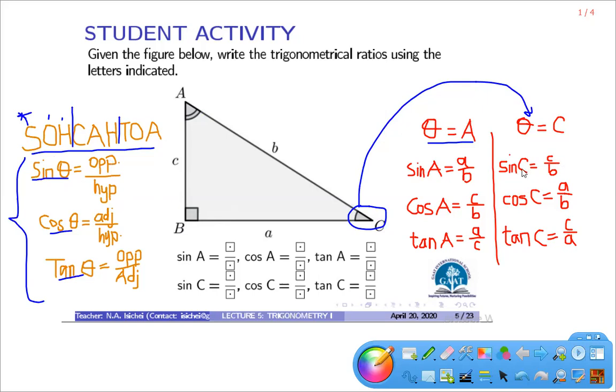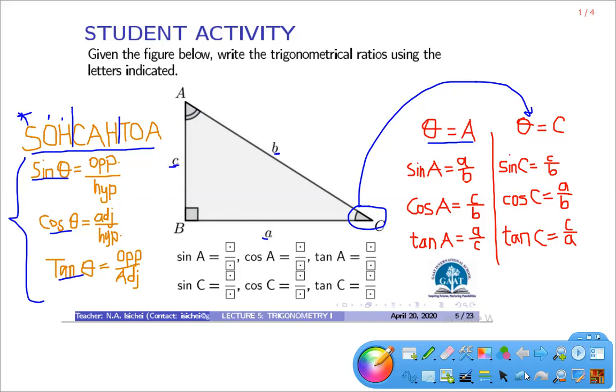That means sine C will be opposite, small c, over hypotenuse b. Now, cos C is equal to adjacent a over hypotenuse b, while tan C is equal to opposite c over adjacent a.